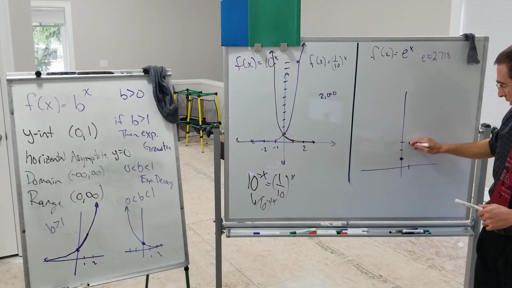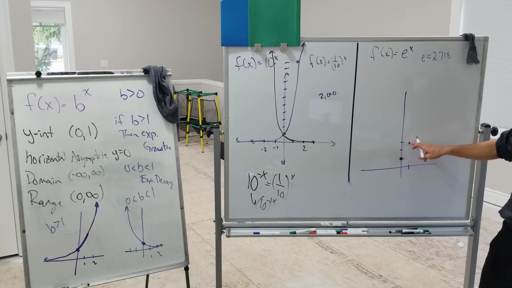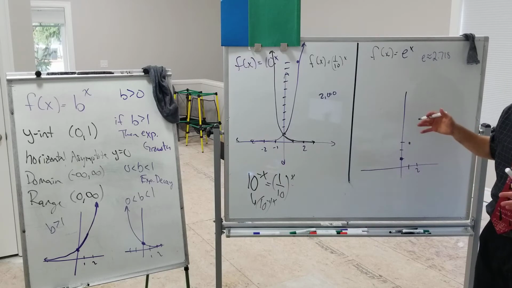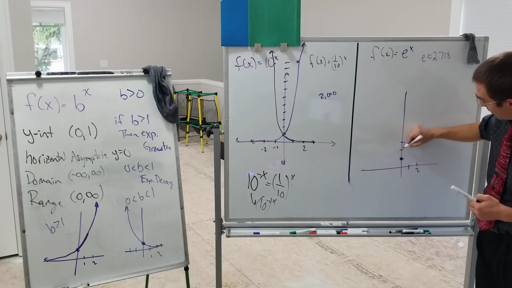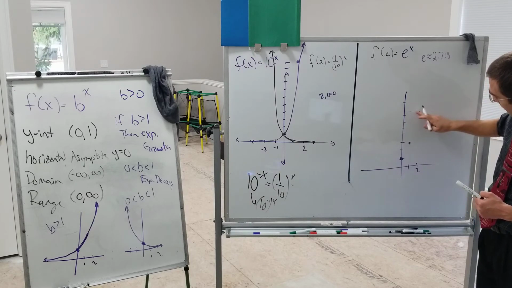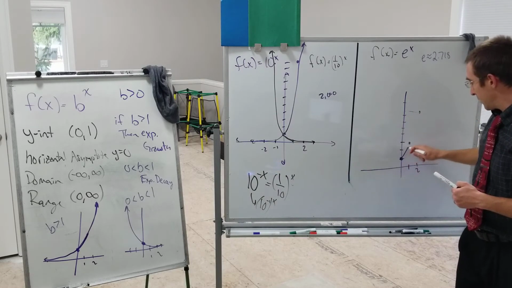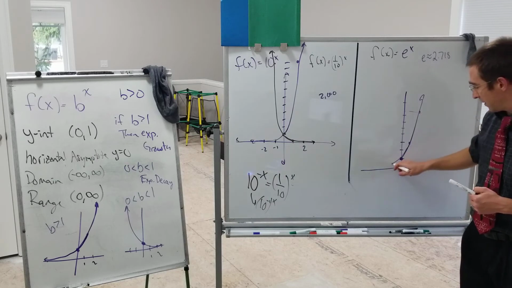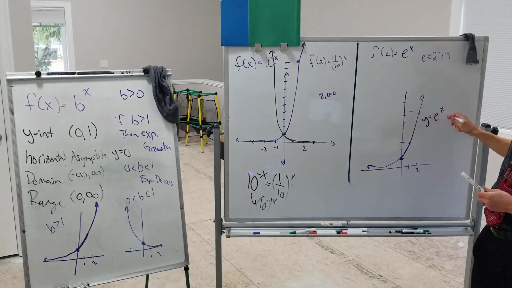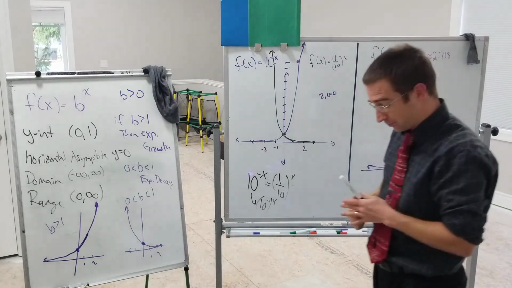So 1 times e is e. And then e squared is about like 7.4. 1, 2, 3, 4, 5, 6, 7. So 7.4. So the graph looks like this. And then as I go to the left, it decays. So this is y equals e to the x, approximately.